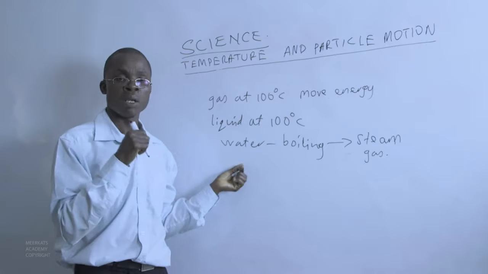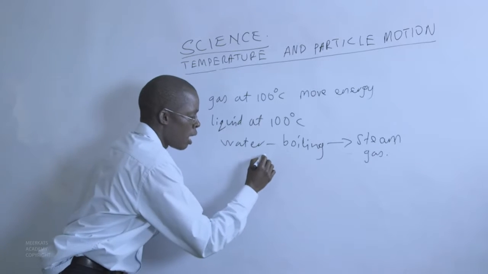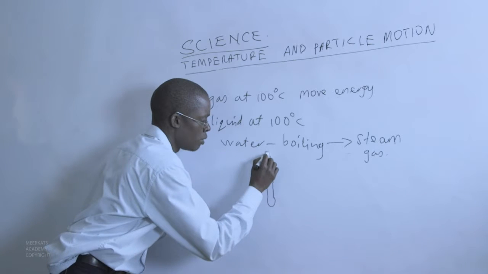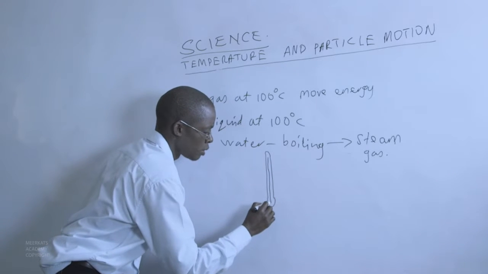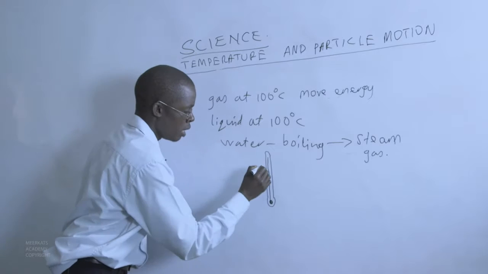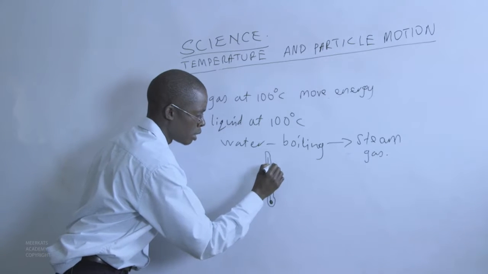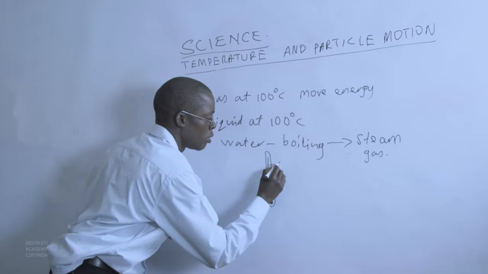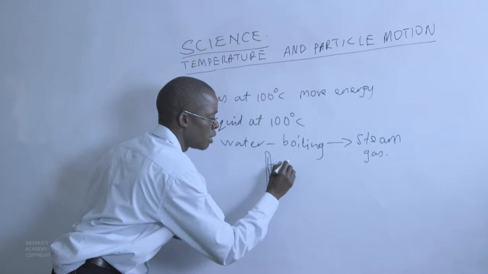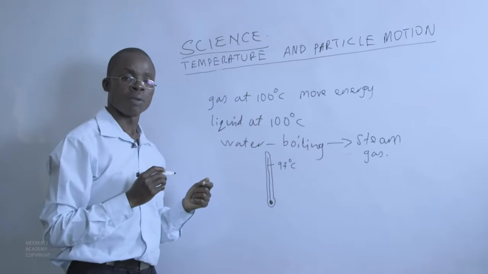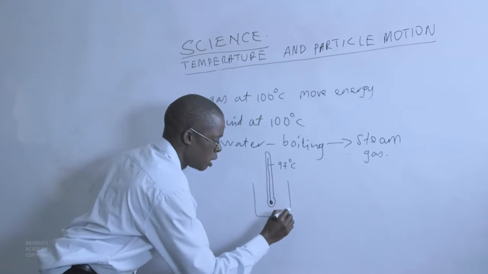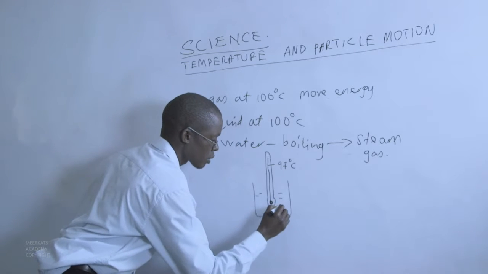Why? Because as you are heating, and this is our thermometer, if this is our boiling point, which I'm assuming is not at sea level, let's assume the water boils at 97 degrees centigrade. This thermometer has been dipped in boiling water.